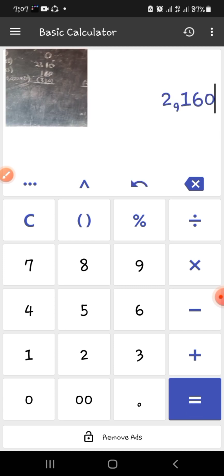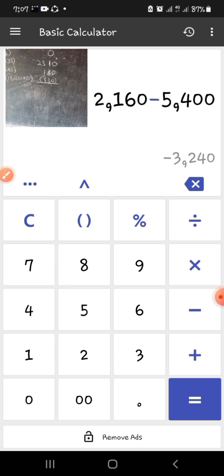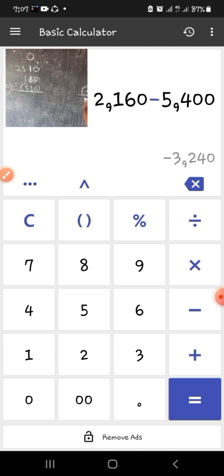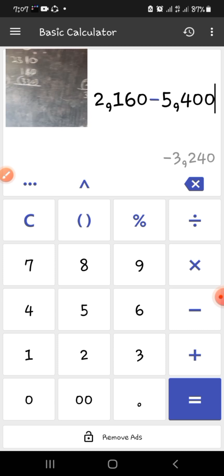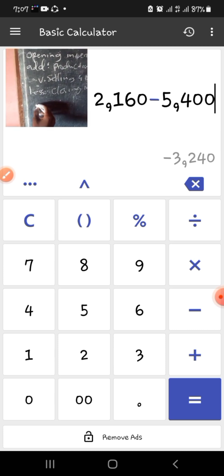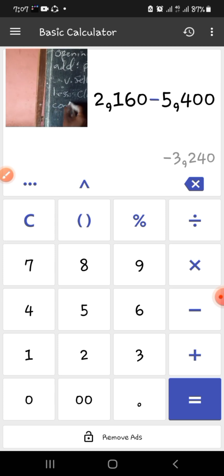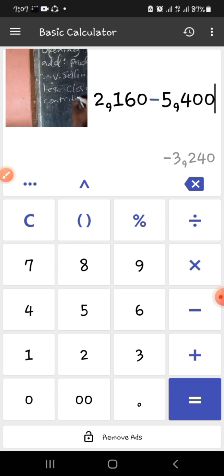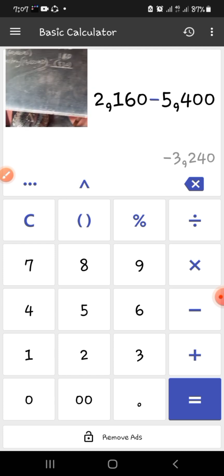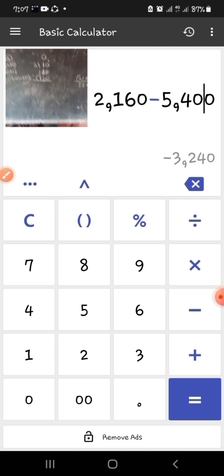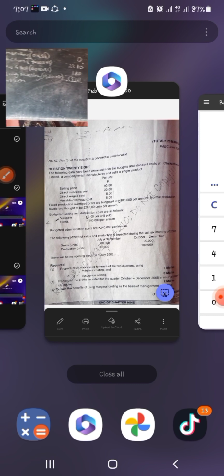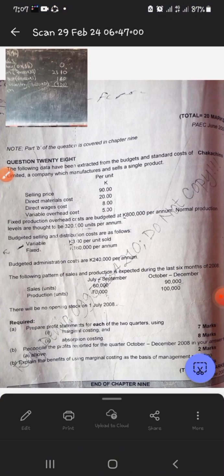Then we take the 2160 and deduct 54, which is going to give you 3240. So this 3240 is called contribution. Remember, contribution is the figure we get after deducting from sales only the variable cost.